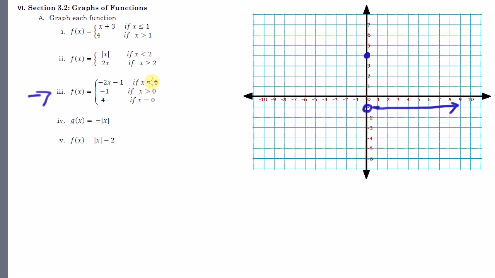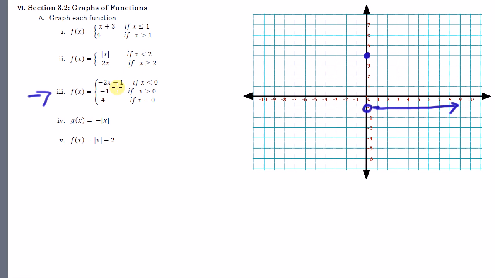And then when x is less than 0, we have the line -2x minus 1. So it's going to have a slope of -2. Y-intercept is -1, which is here.